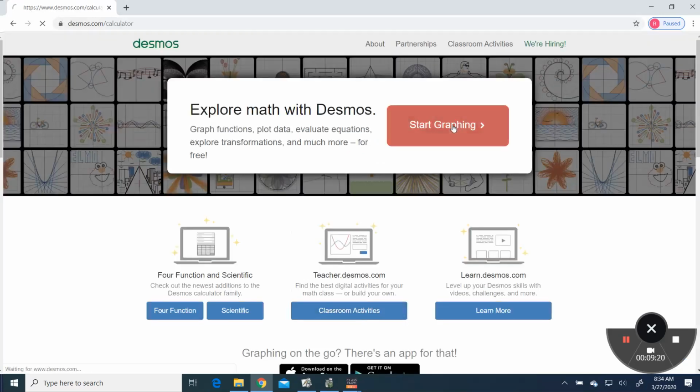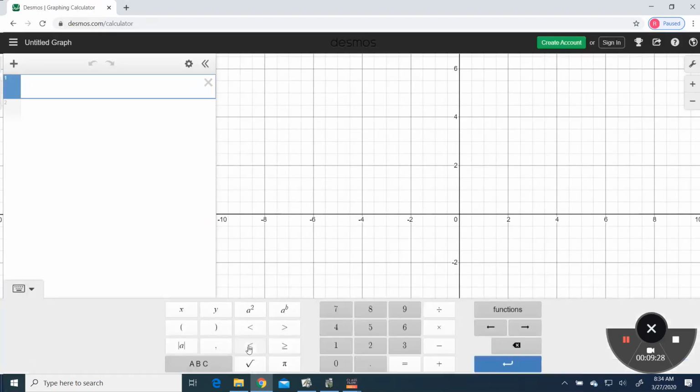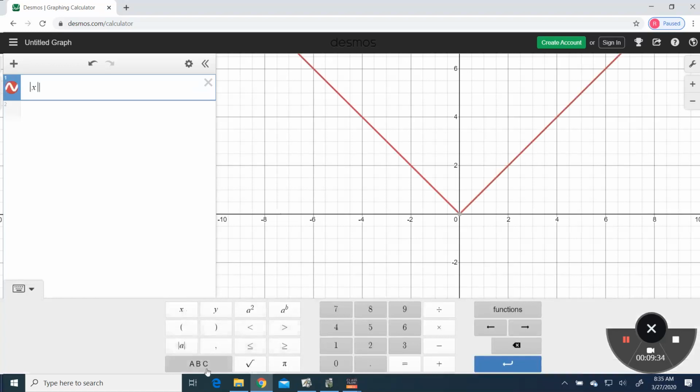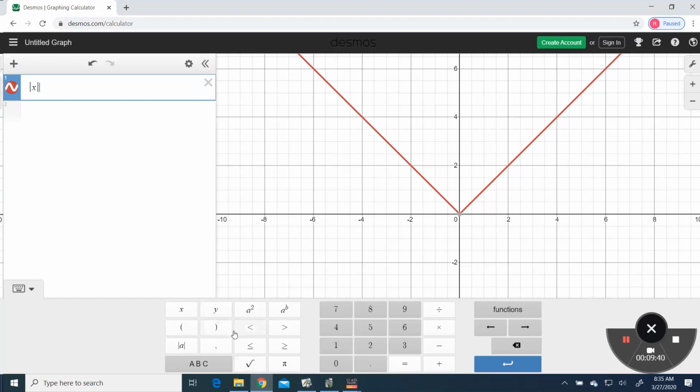The beautiful free graphing. And you can type in the absolute value of x is less than or equal to 3.